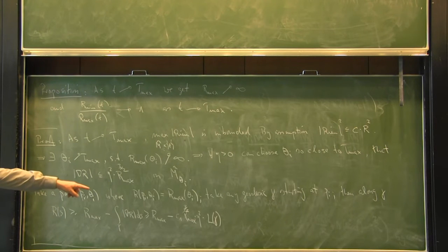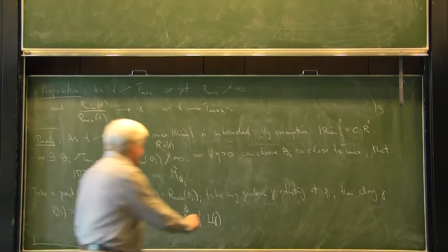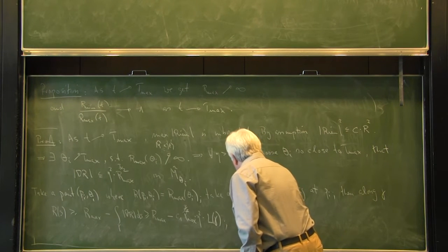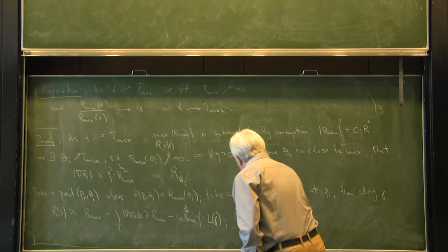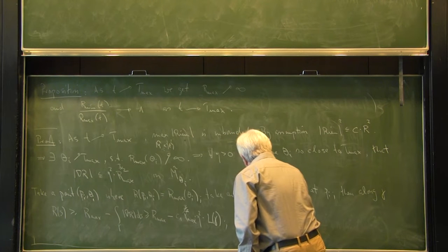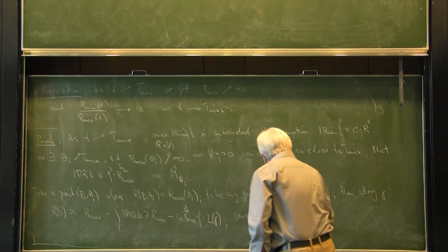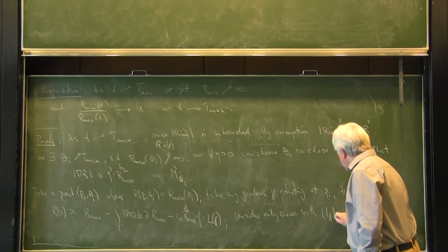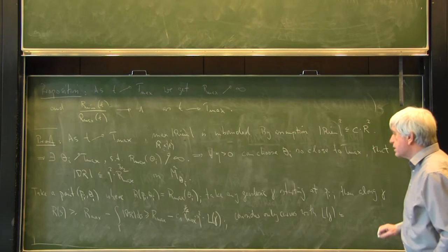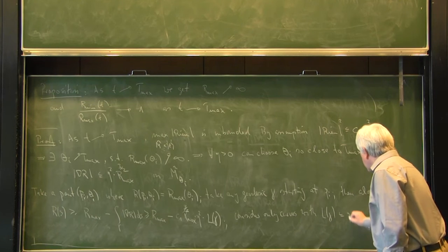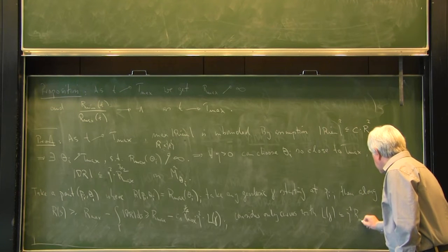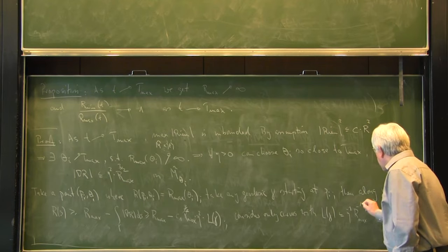Now, if I consider only curves with length of gamma less than, say, eta to the minus 1 times R max to the minus 1/2.